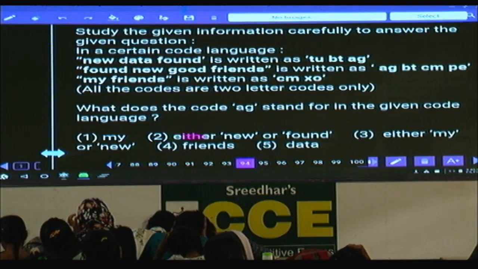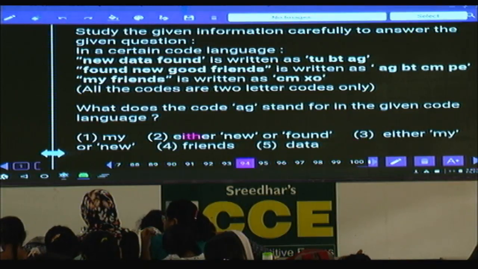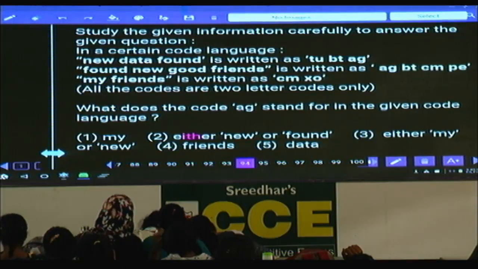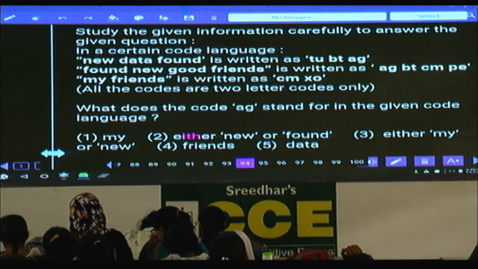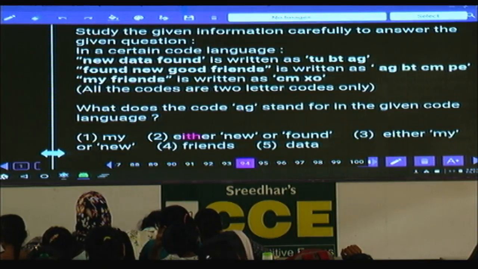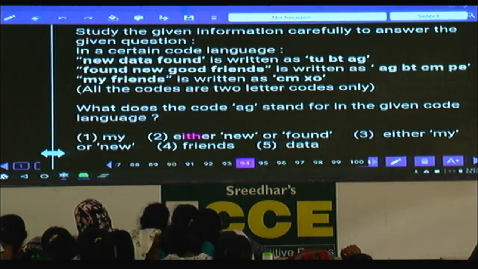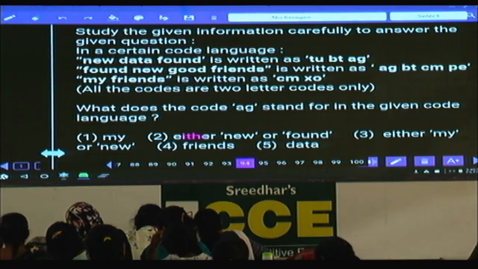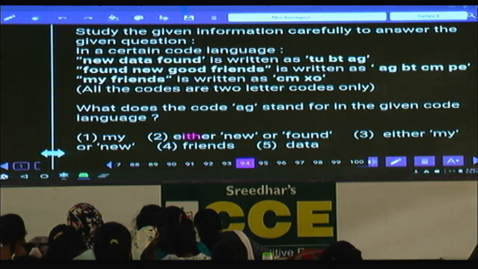New and found are the 2 words which we have. And what are the words which are common here? Codes BT and AG. BT, AG, new and found. Then what is left over here? Data inadequate, isn't it? Because two words are common. Hence, the answer could be either new or found, choice 2.